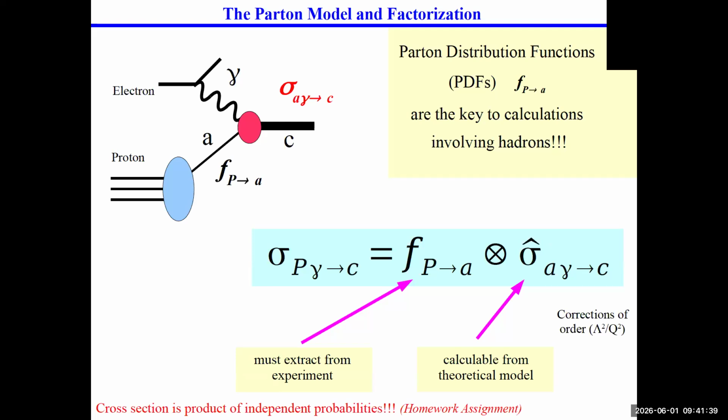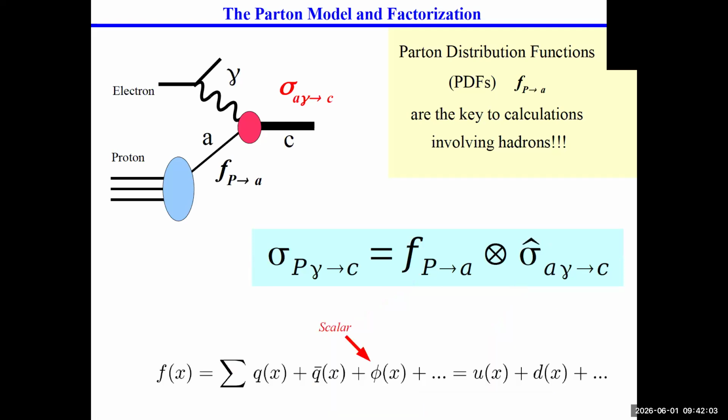This object I can go and measure, so I can get it from experiment. If I know this and I know this, I can invert the problem and get this. And that's, in fact, what Pavel will be talking about on Thursday and Friday. Again, the corrections are of order Lambda squared over Q squared, because those are roughly the energy scales or the time scales of what's going on.